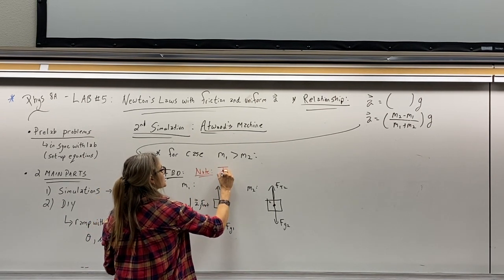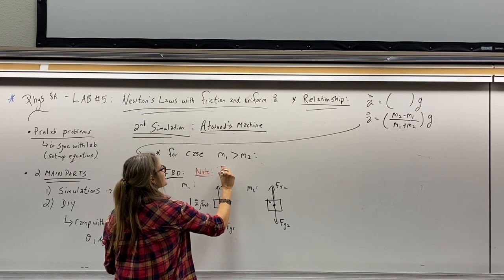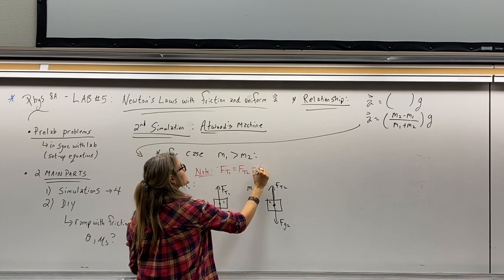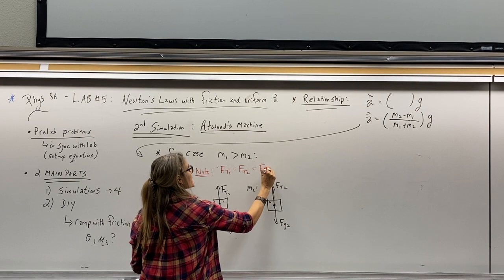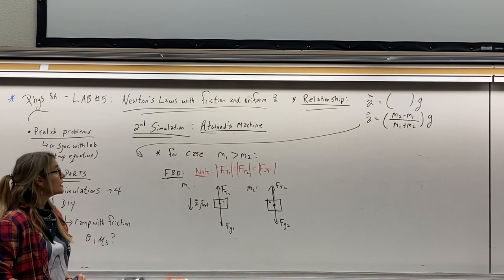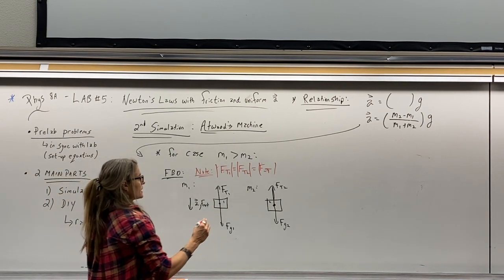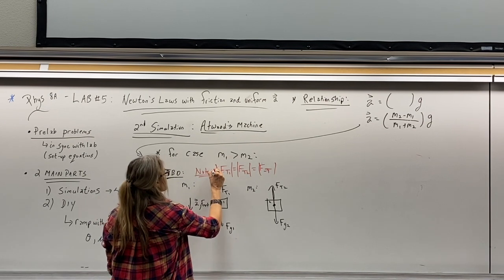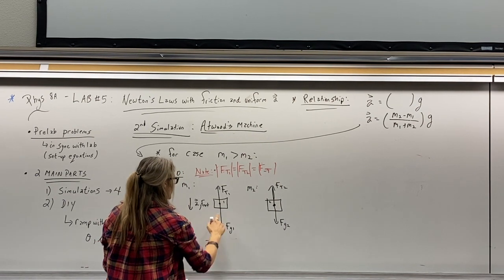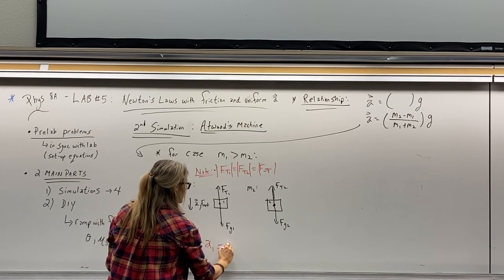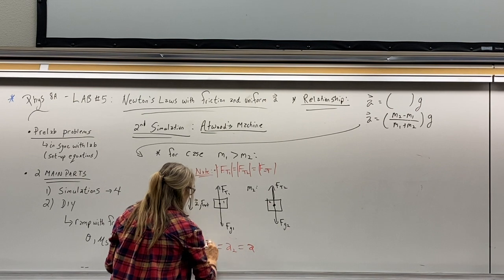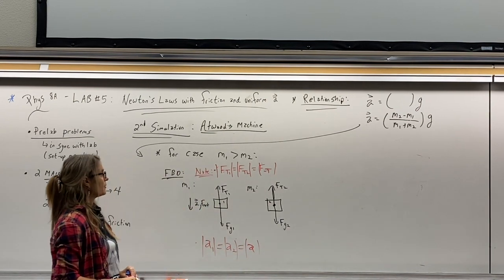The tension Ft1 is equal to Ft2, which we're just going to say is Ft. The magnitude of tension, more specifically, because the directions could differ, is the same. Also, the acceleration of 1 is equal to the acceleration of 2, which we'll just say is the acceleration. So the accelerations are equal in magnitude as well.